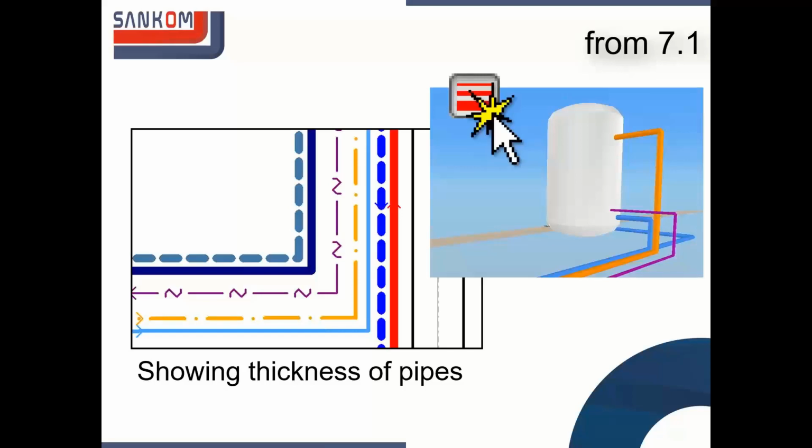Because pipes, as we draw them with lines, all the lines normally have the same thickness, but the real diameter of pipes can be really quite different, and we've got now the possibility to show it on different drawings, as you see, both in these technical drawings and also in the visualization of the system.